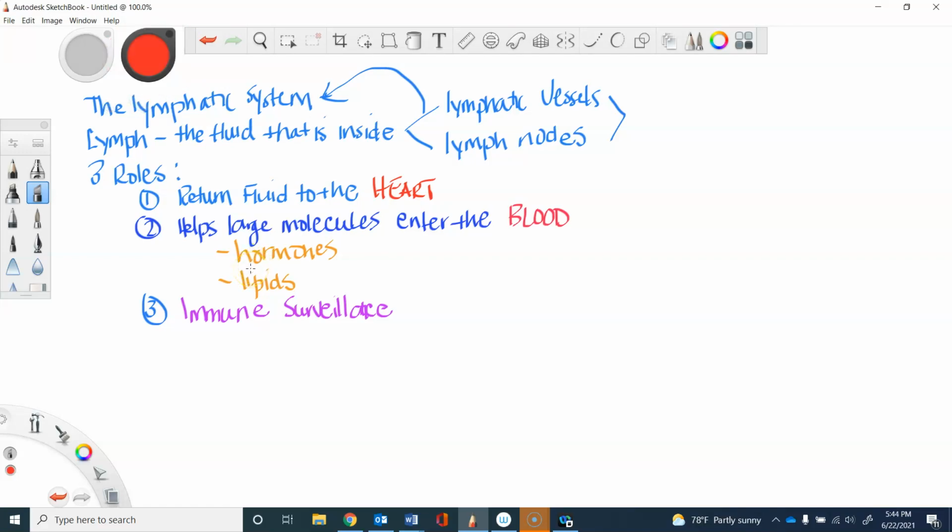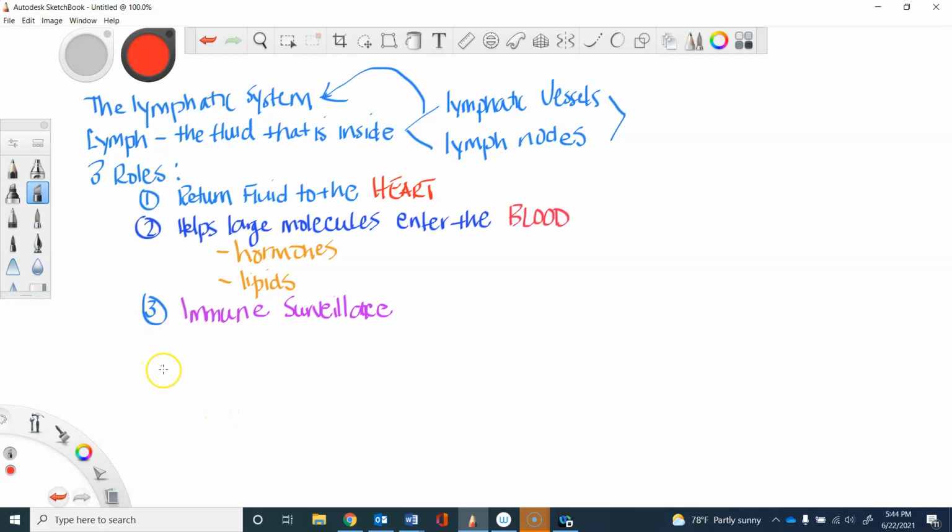All right. So what is the lymphatic system? The point of the lymphatic system mainly is to return fluid to the heart. So this is fluid that comes out of capillaries at capillary beds, and that ends up left in the interstitial spaces.